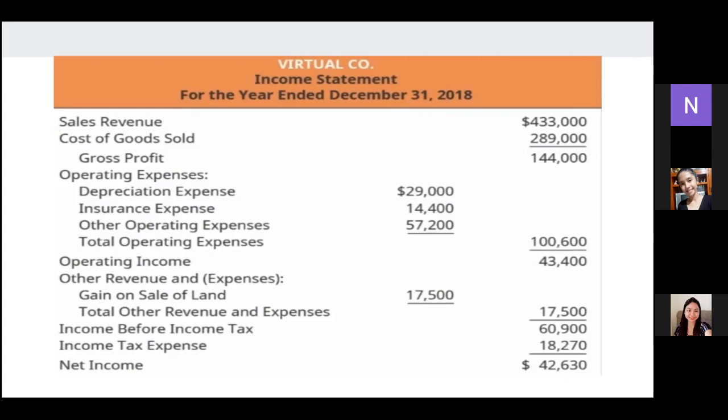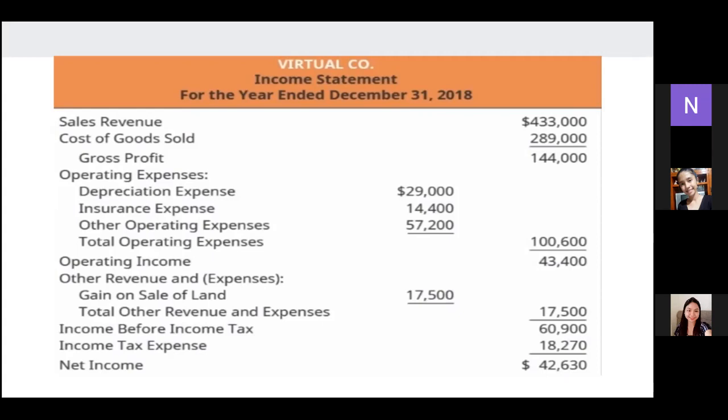So, the income before income tax na nakuha natin from adding the operating income and the other revenue is 60,900. And then, we will less the income tax expense naman na may amount na 18,270. So, we have a net income amounted to 42,630.